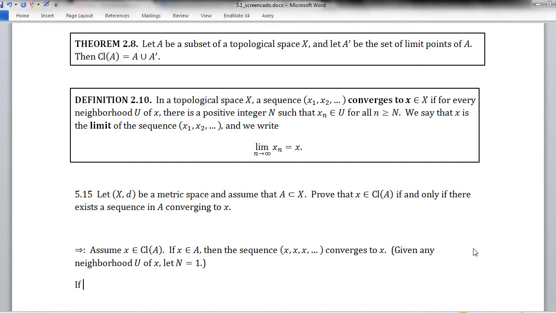What about if x is not in A? Well, then instead it must be a limit point of A, by theorem 2.8.